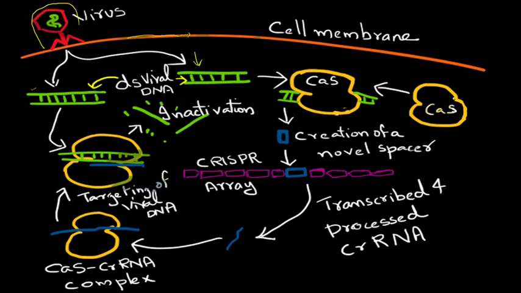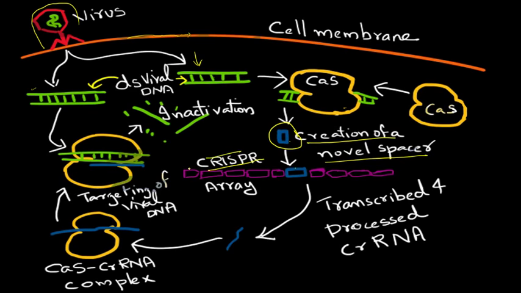Now we'll go to the Cas. Now the Cas protein is here, and this Cas protein present in the bacteria will go and bind to the viral double-strand DNA, and a part of that is taken, and a new spacer, a novel spacer, is formed from that. And this is the new spacer that we got from this double-strand viral DNA, and this spacer is incorporated into the CRISPR array.